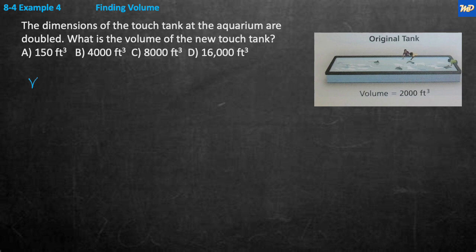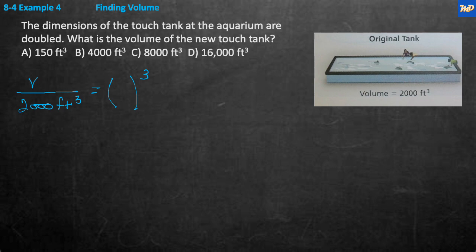The volume of the new tank divided by the volume of the existing tank, which is 2,000 feet cubed, is equal to the cube of a ratio. And what's the ratio?